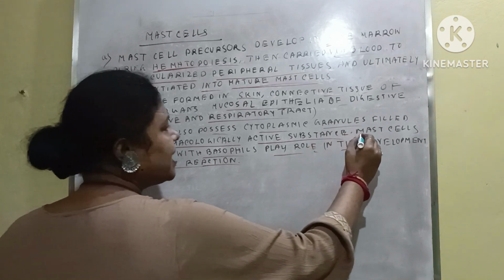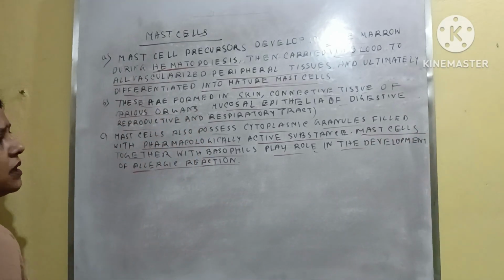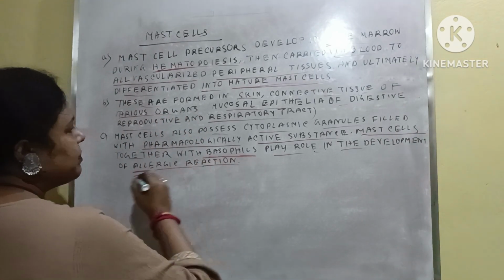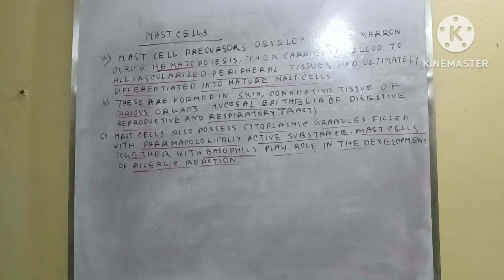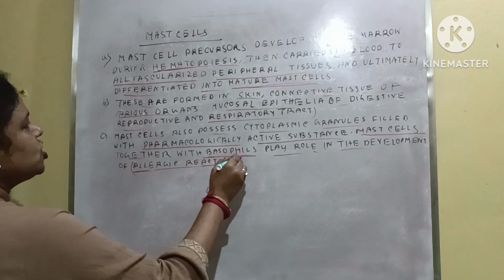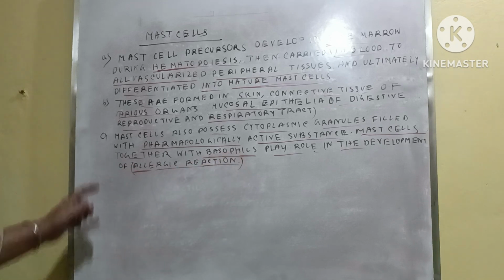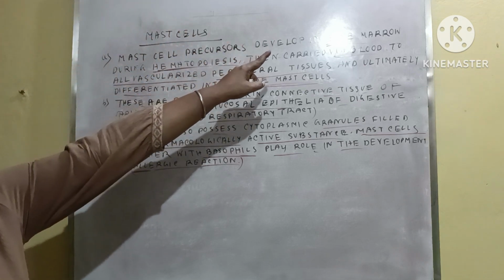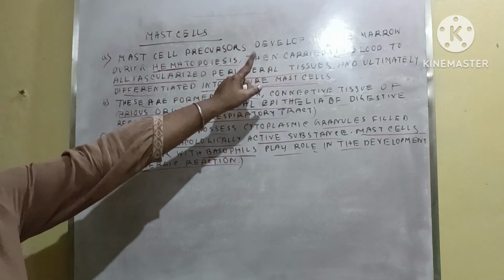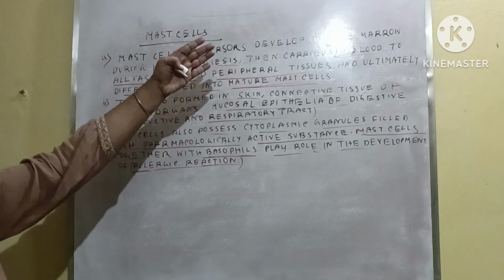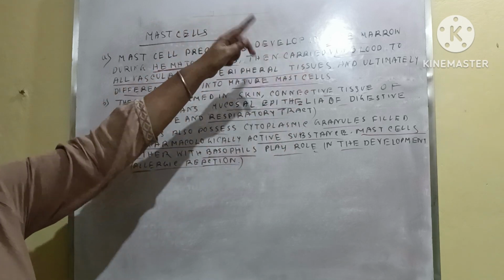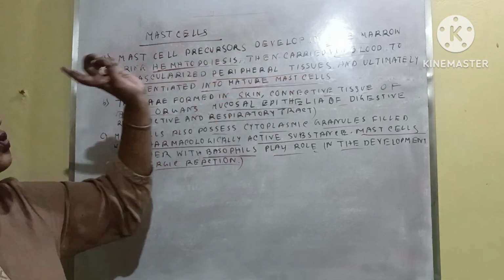First of all, they develop from bone marrow, and through the blood they enter the peripheral tissues.